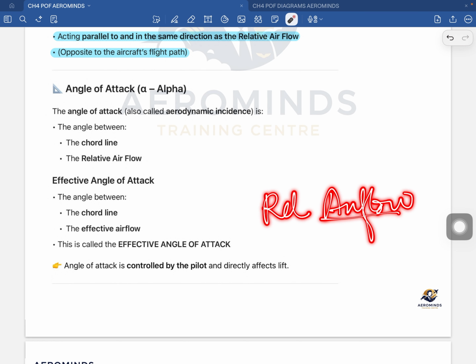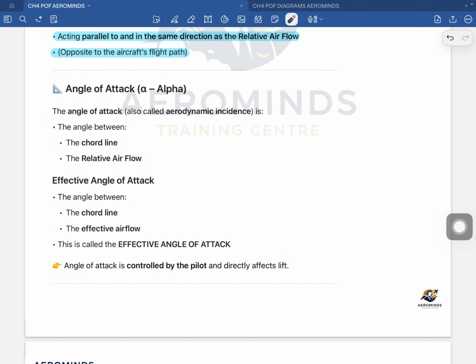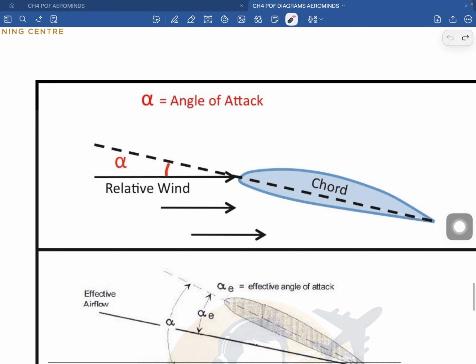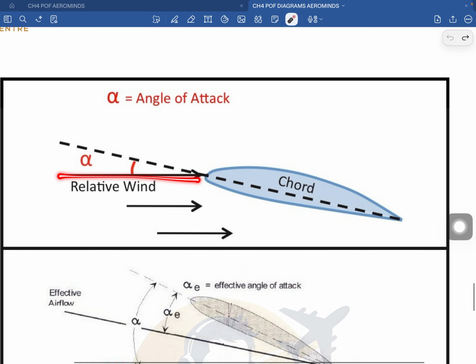Okay, so imagine a wing which is moving through the air. The air is coming towards the wing along the relative airflow direction, like this. Now the angle between the airflow and the chord line is called the angle of attack. See this. This is the relative wind which is coming. This is the chord. This will be the alpha.